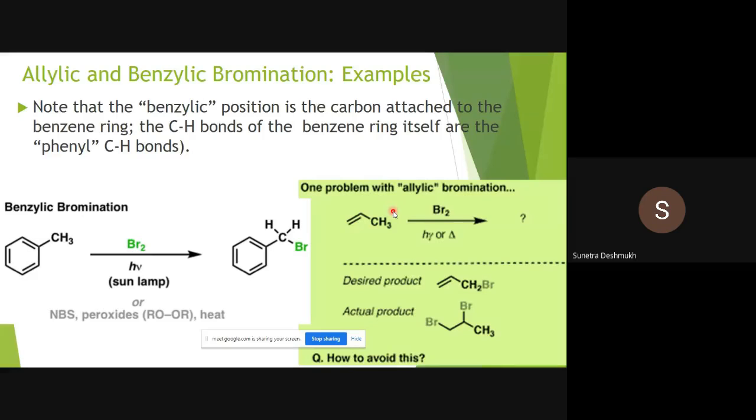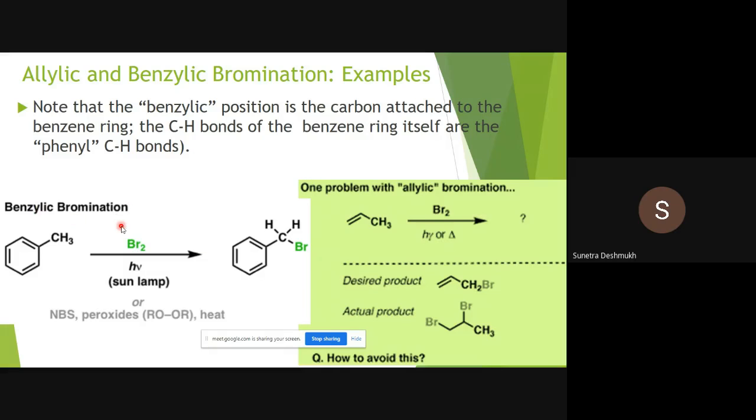So we want to brominate this methyl group, but instead of bromine adding to the methyl group, we get the dibromide product. We don't need the dibromide product. How can we get only monobromination at the methyl group? We are not getting that by addition of bromine photocatalytically or by passing heat.